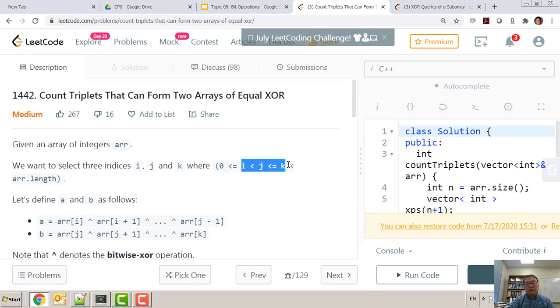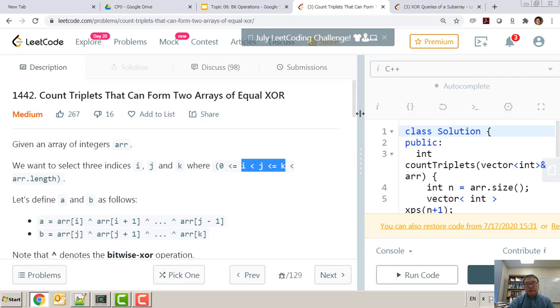The trivial brute force algorithm is to try every possible i, j, k value, then compute this and check. That's not quadratic, it's quartic, so it's n to the 4.